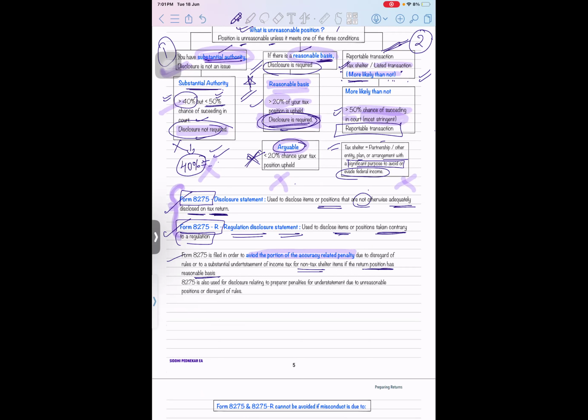Okay, if it's a non-tax shelter item, not a tax planning strategy, and you're going to disregard the rules, or you are going to have a substantial understatement in the income tax, meaning in the return you understate the income, or you take extra deductions or extra credits, then you are reducing your tax liability. Due to this, there can be a penalty, that is the accuracy related penalty.